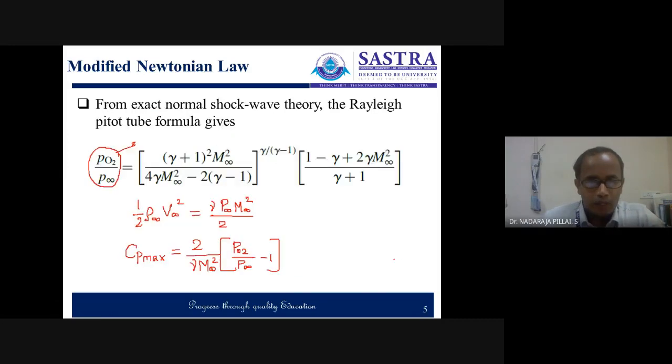Here you have P infinity again, so we can cancel it, and finally we arrive at this particular formula. So this is what the P naught 2 by P infinity in CP max is.